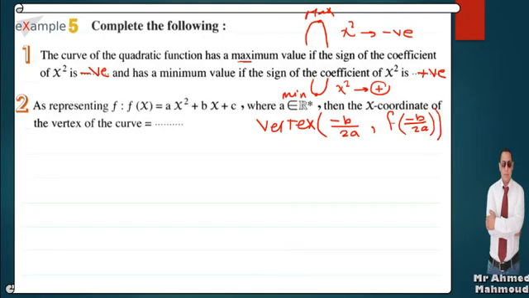This is a very important rule. The coordinates of the vertex are negative b over 2a and f of negative b over 2a. Okay, then the x coordinate is negative b over 2a.